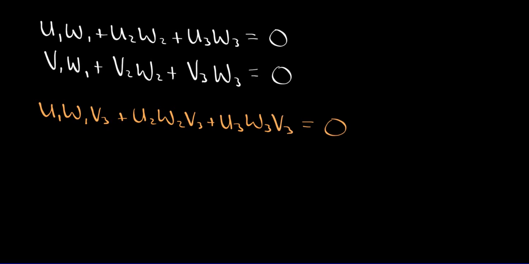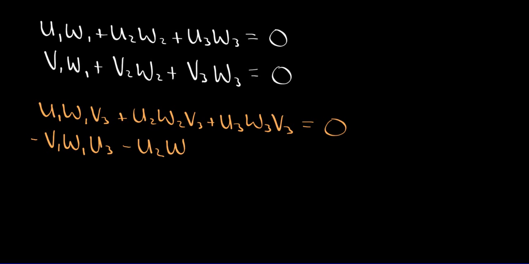Now, on this one down here, what I'm going to do is I'm going to multiply through by a negative U3. So here's what I've got. I've got negative V1 W1 U3. Let me see here.